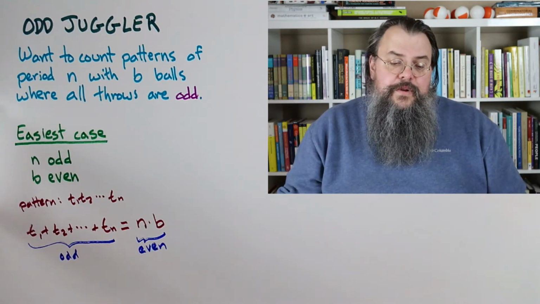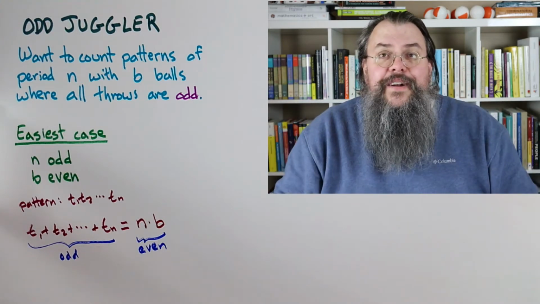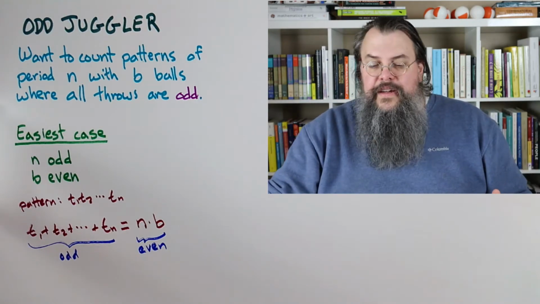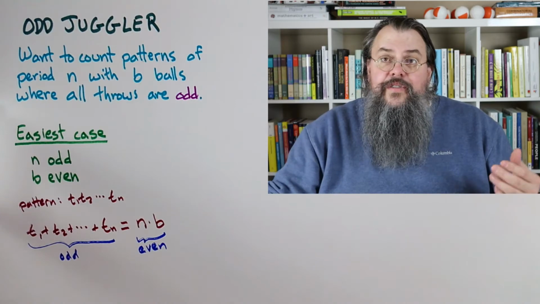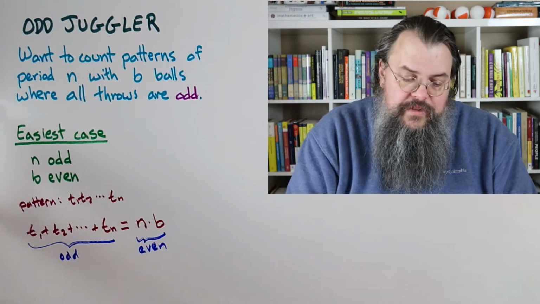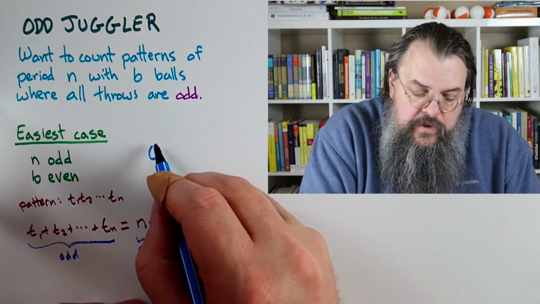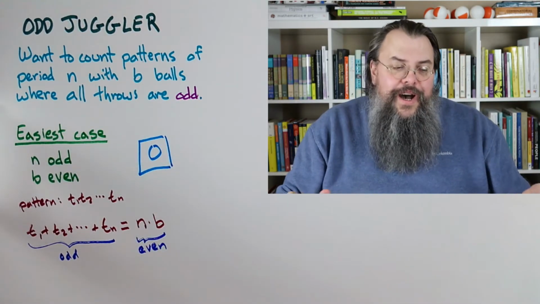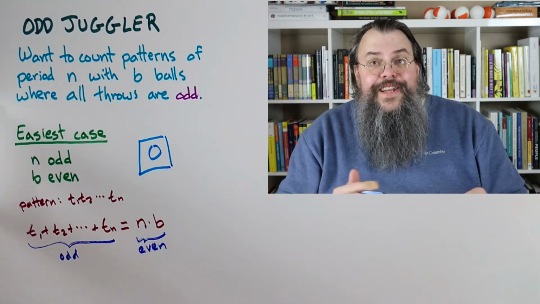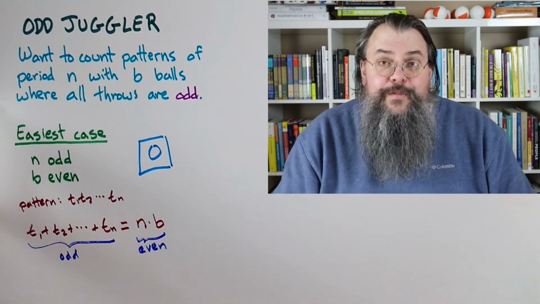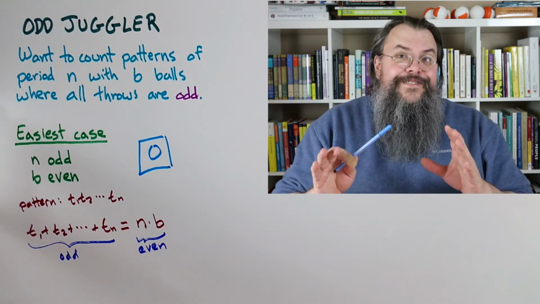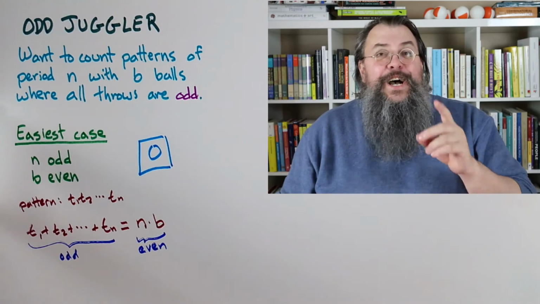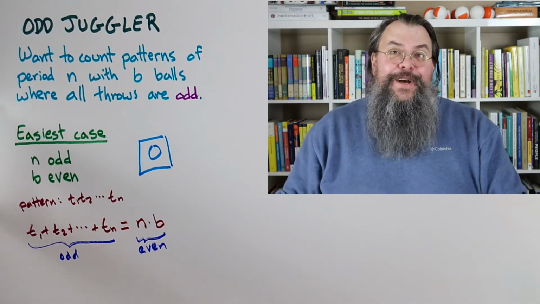Our conclusion is that we couldn't grab a pattern. There are none. So in the case when n is odd and b is even, the answer is 0. No such patterns exist. Wow, nice and clean. Hopefully all the cases are going to be this easy. Well, no. But each one is interesting in its own way.